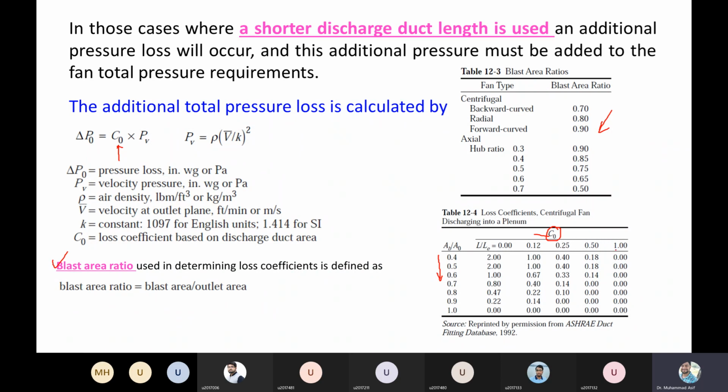When the value is 1, I mean the effective length is perfect, the actual length is equal to the effective length. There is no loss, the loss coefficient is 0. So 0 multiplied by anything means there is no loss of pressure. So depending upon the blast area and the ratio between the actual length and the effective length required, you can get the value of the loss coefficient.